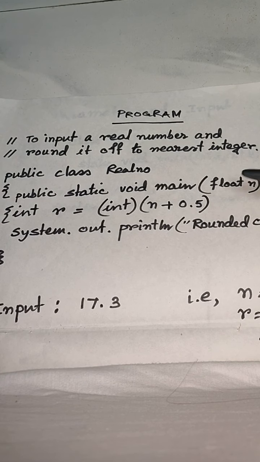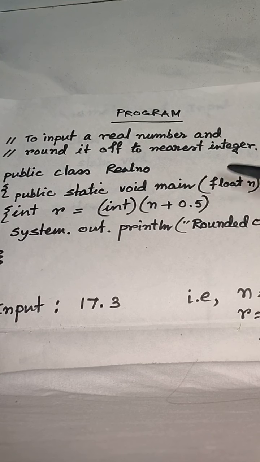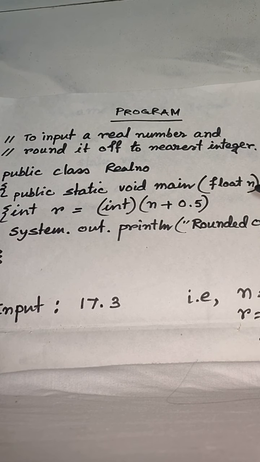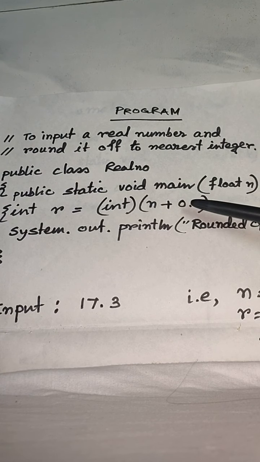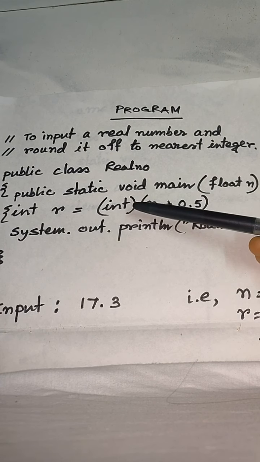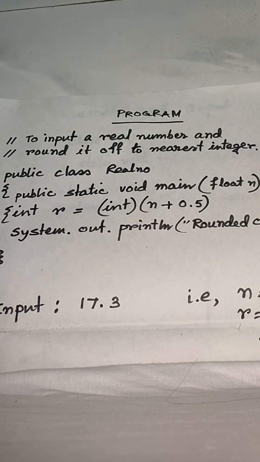Now I am explaining this program. After taking the input from the user, with that real number 0.5 is being added and then the integer part is taken.